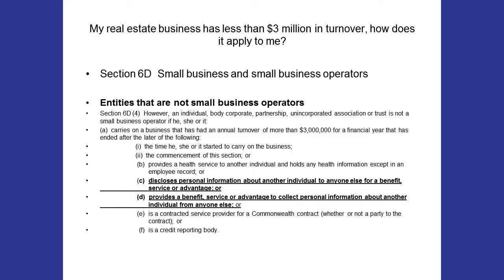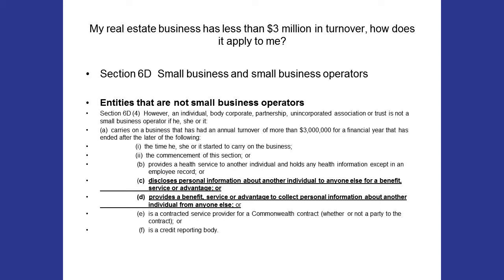So we then look to see whether your small business, your real estate agency turning over less than $3 million, is going to be under the umbrella of the Act. So if you look at Section 6D, it discusses what are small businesses and small business operators.